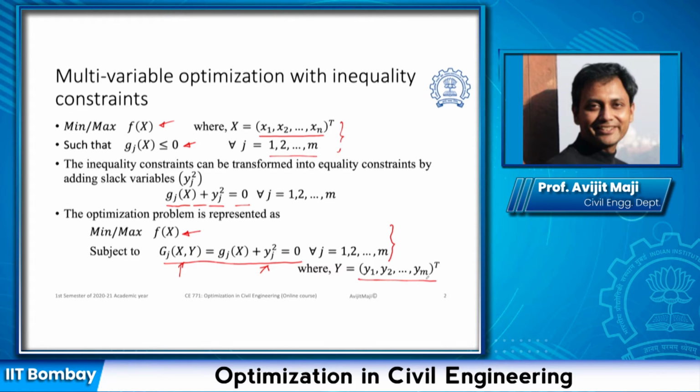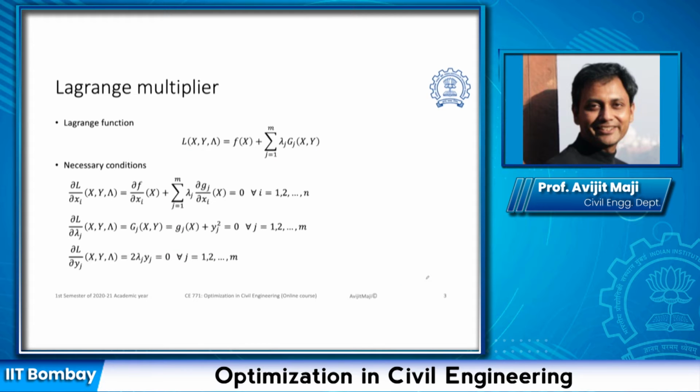Now once we transform it into an equality constraint, the multivariable optimization problem can be solved or represented in the form of a Lagrange multiplier. So the common Lagrange multiplier function now is going to look like L of X, Y and lambda.